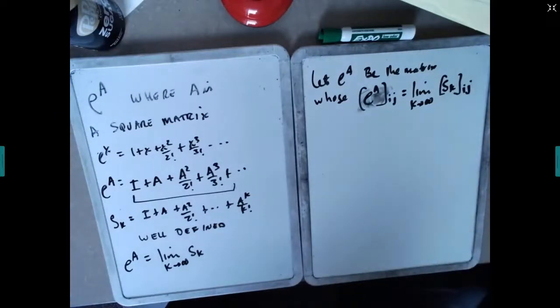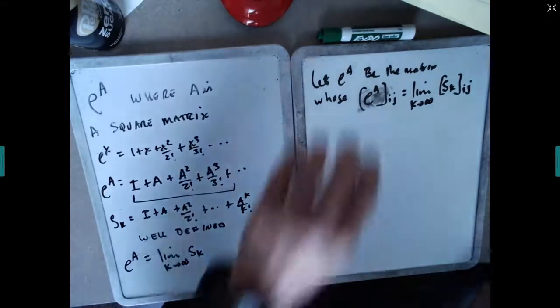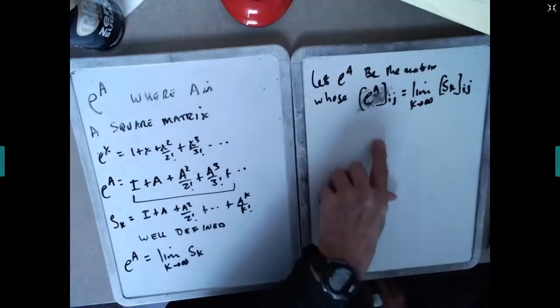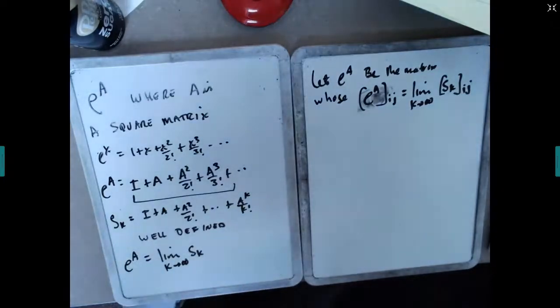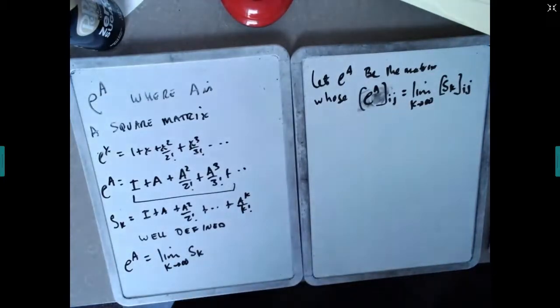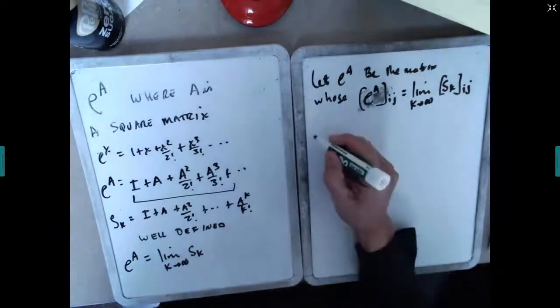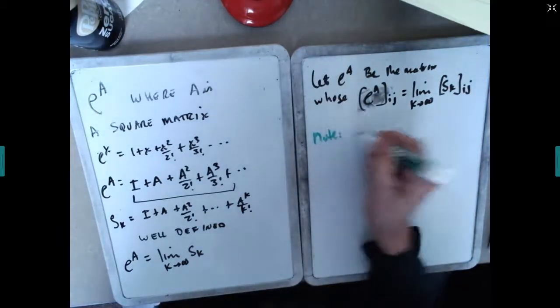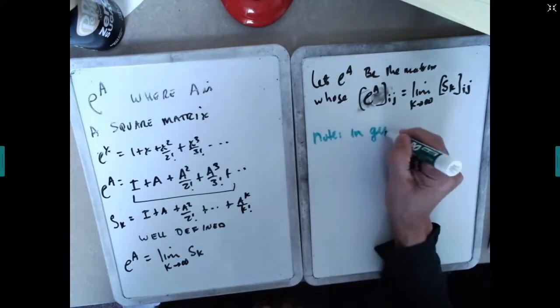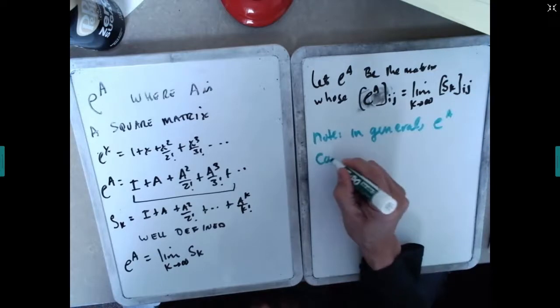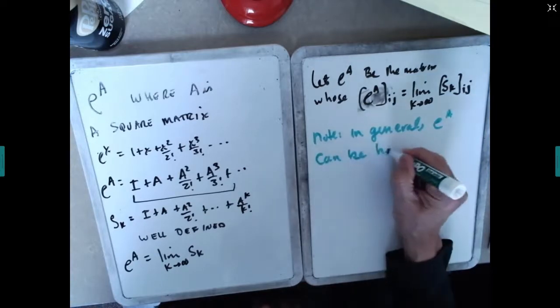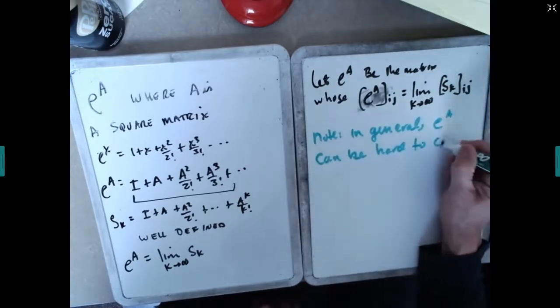Now, this is pretty abstract as it sits. So let's take a quick break and do a couple of examples so you get a feel for what these things might look like. Note, in general, e to the A can be hard to calculate directly.